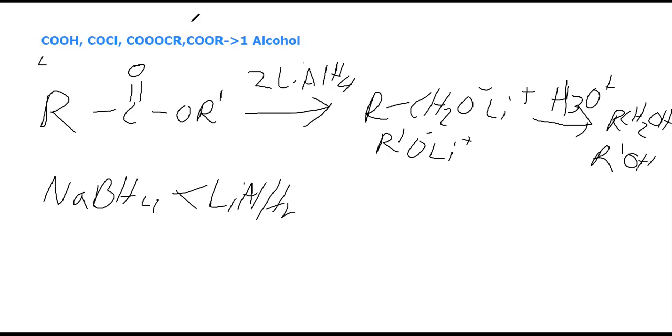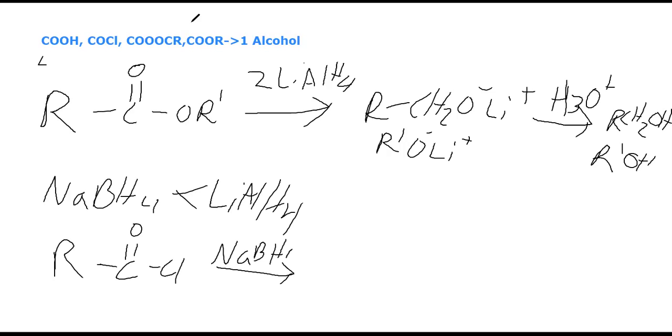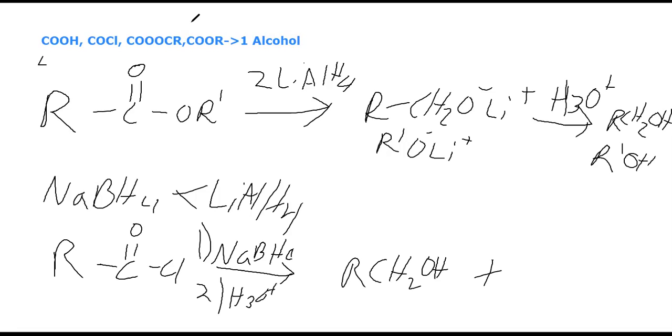So if I do that with acyl chloride, essentially with sodium borohydride, we're going to have our primary alcohol, step 1 and then step 2 with H2O, and then of course NaCl.